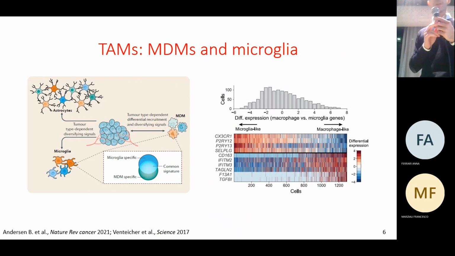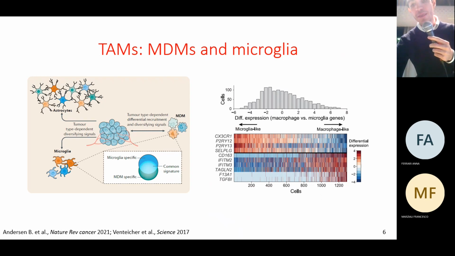There are 2 cell populations, the bone marrow derived macrophages that penetrate into the brain as a result of the inflammatory reaction that the tumor generates, and microglia. Microglia are present in the brain tissue from fetal development, but nonetheless, they can contribute. And although they are supposed to be very different in theory, in practice, this is not true.